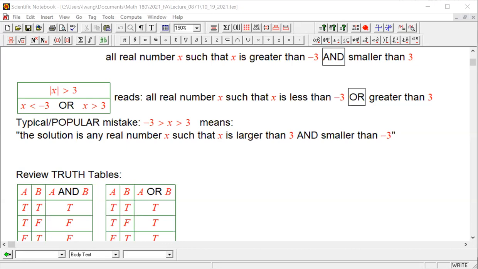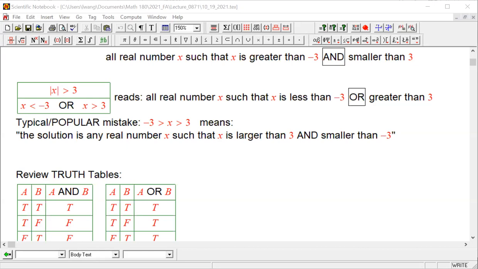It becomes a typical, popular mistake. To explain a little more regarding Christopher's suggestion, we can use the number line and just try to graph it.